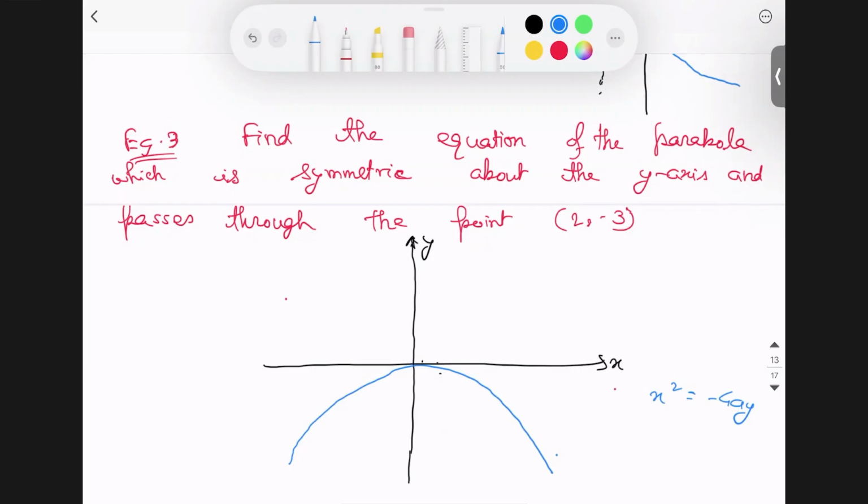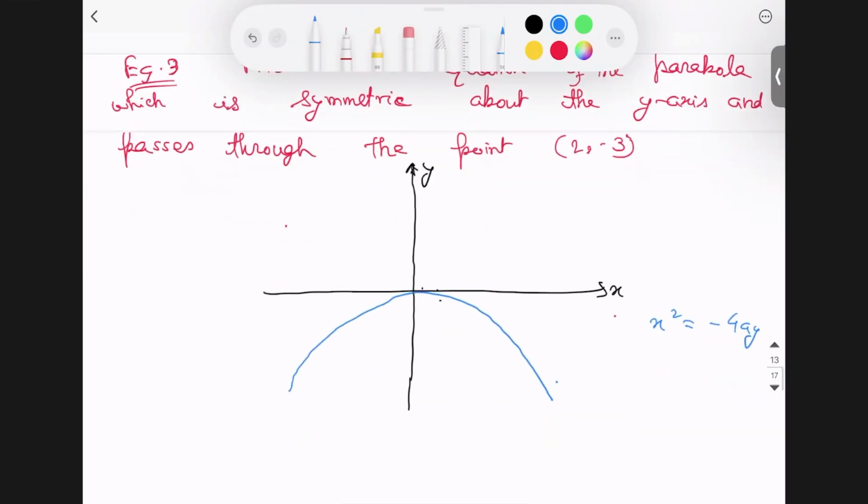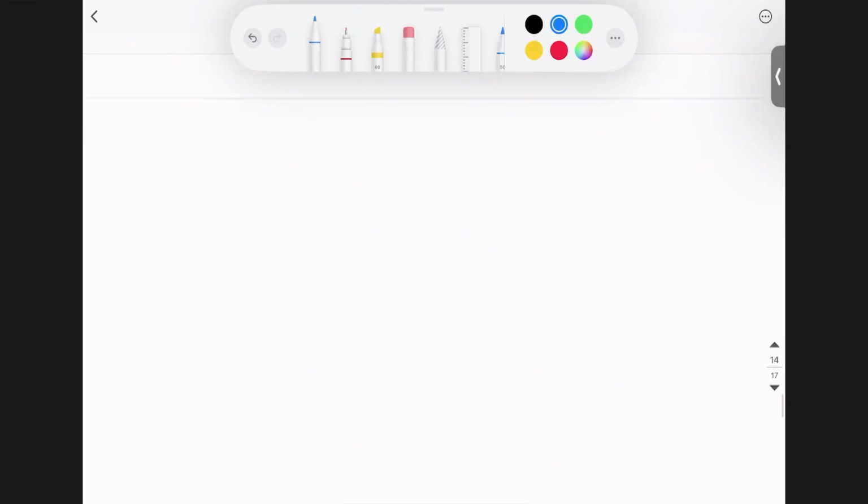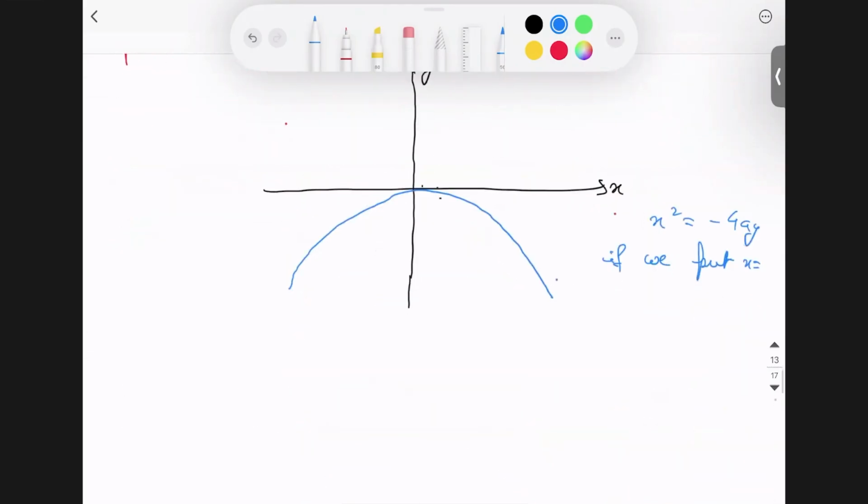Now, I don't know the value of a till now. We need to figure it out. For that, we can put the point 2 comma minus 3 in this equation. So x equals to 2 and y equals to minus 3.